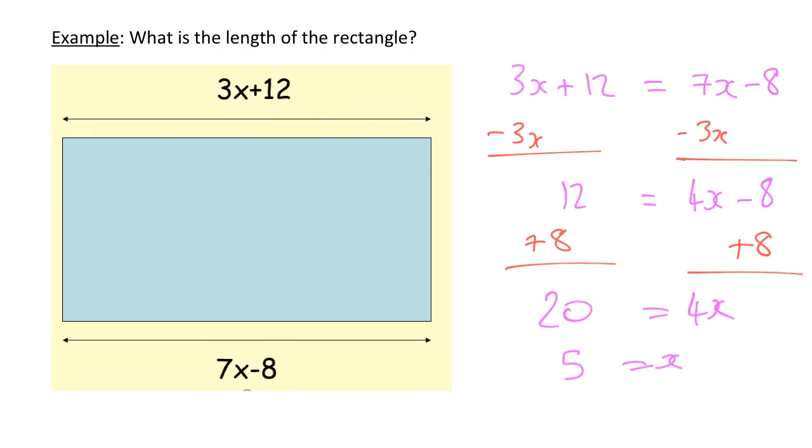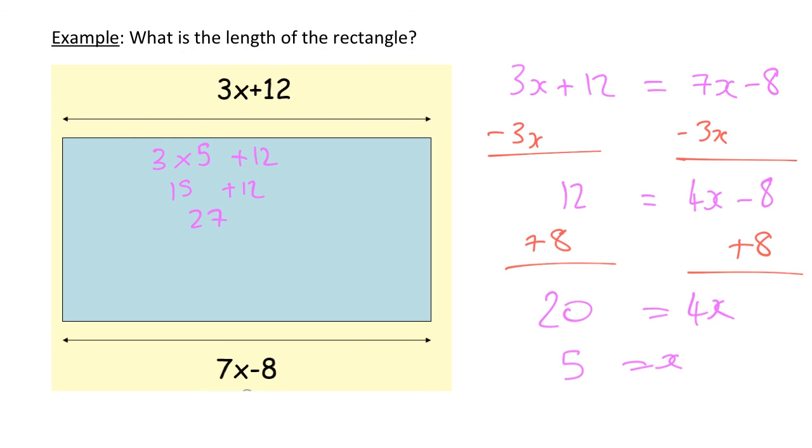Now we have been asked to work out the length, so we need to then substitute that into 3x plus 12 or 7x minus 8. So if we do it into 3x plus 12, that's going to be 3 times 5 plus 12, which is 15 plus 12, which is 27.